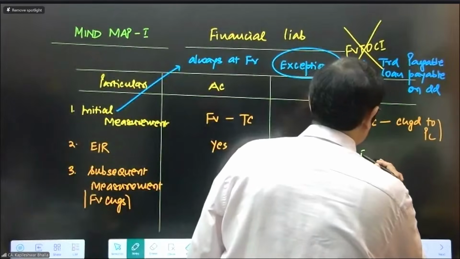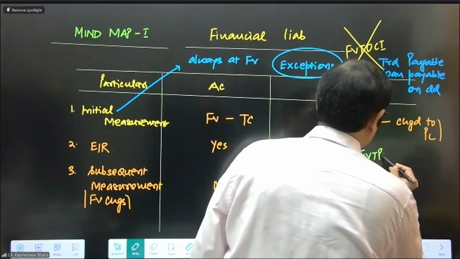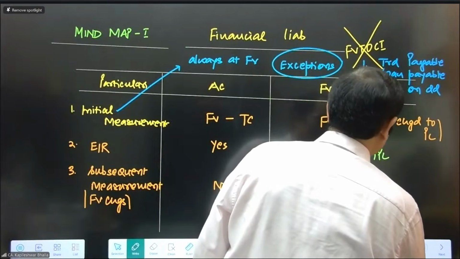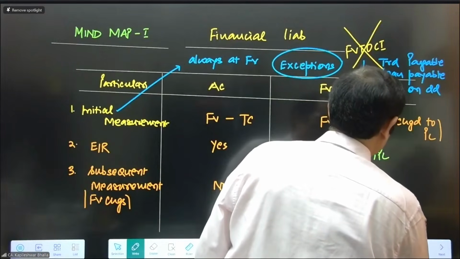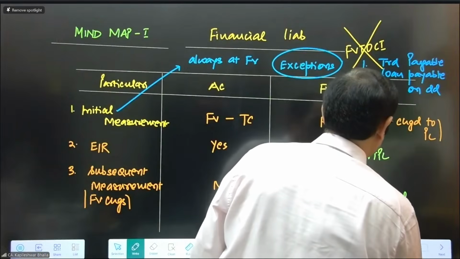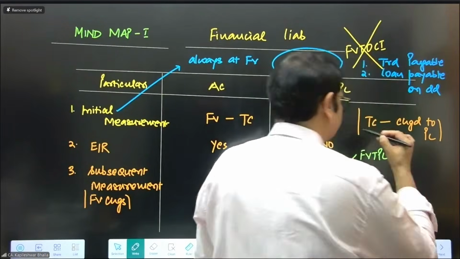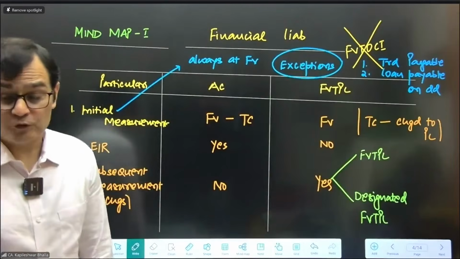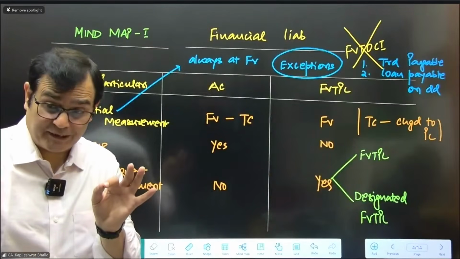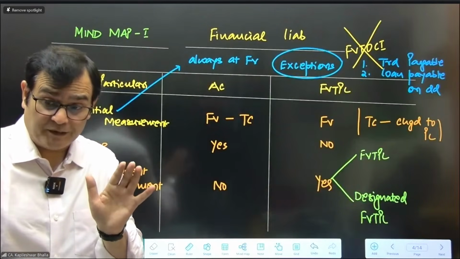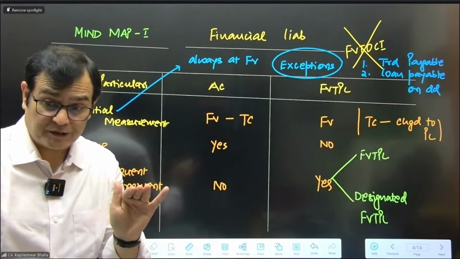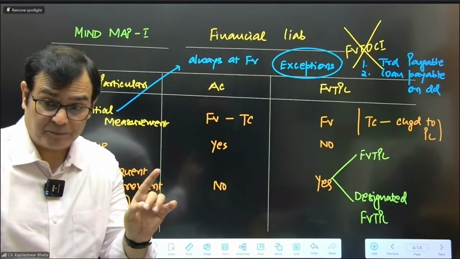If they are measured at FVTPL or they are designated to be measured at FVTPL, the fair value change is, of course, measured. I get the answer: in a designated FVTPL, we recognize own credit risk in OCI and the balance is taken in P&L.